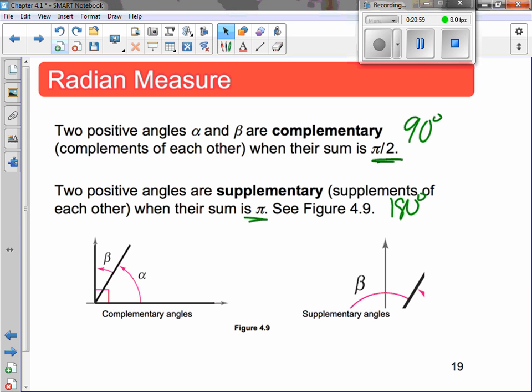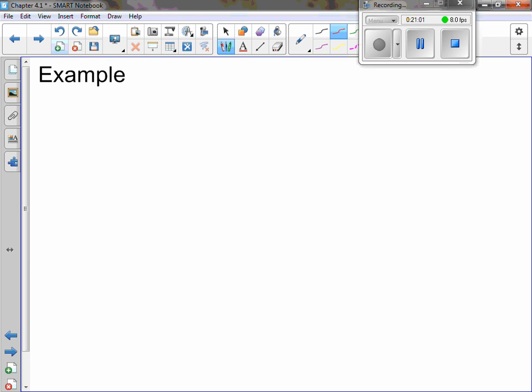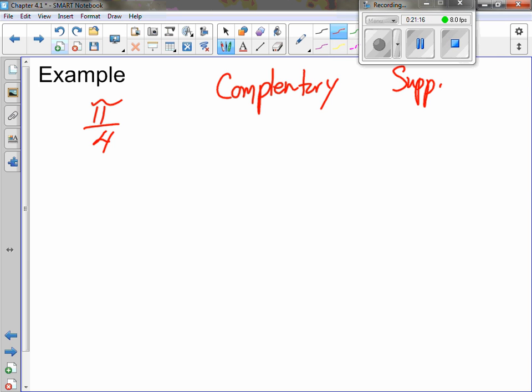So if I have an angle that is pi over 4, and I want to find its complementary angle and supplementary angle, well, complementary means that they add together to be what? 90, or pi over 2.